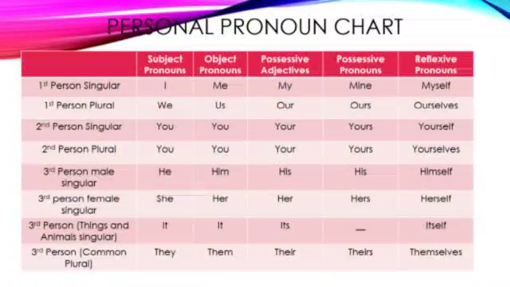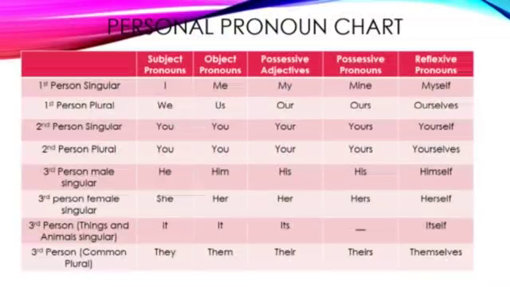Now if I talk about first person plural, we is used as subjective case and us is used as objective case. In second person singular as well as plural, you is used as subjective case as well as objective case. If I talk about third person male singular, he is used as subjective case and him is used as objective case.